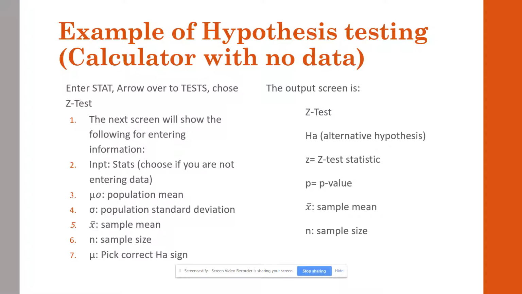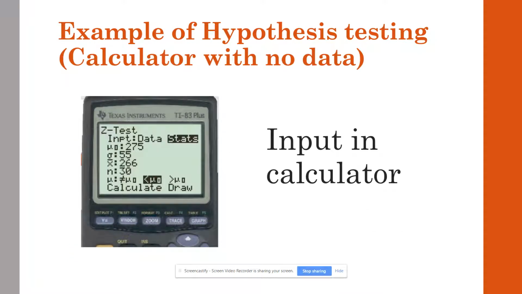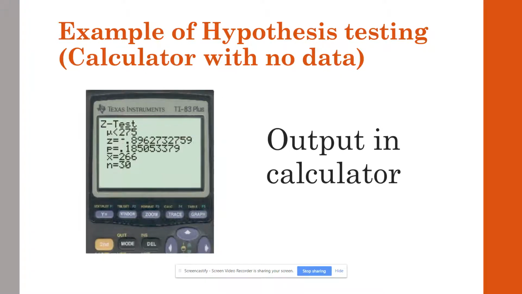So here again are the instructions for the calculator. I'm going to show you what it looks like in the calculator. So here in the calculator, I have stats, 275, population standard deviation is 55, sample mean is 266, sample size is 30, and again, I've got to choose my alternative hypothesis.